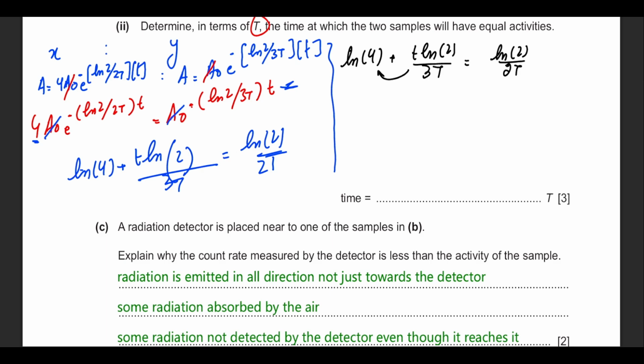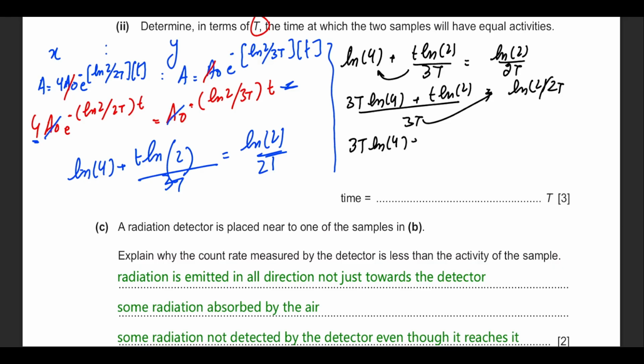So this becomes 3t ln of 4 plus t ln of 2, the whole divided by 3t, equals ln of 2 divided by 2t. Then the next stage is to bring 3t to the side. So this becomes 3t ln of 4 plus t ln of 2 equals 3t ln of 2 divided by 2.